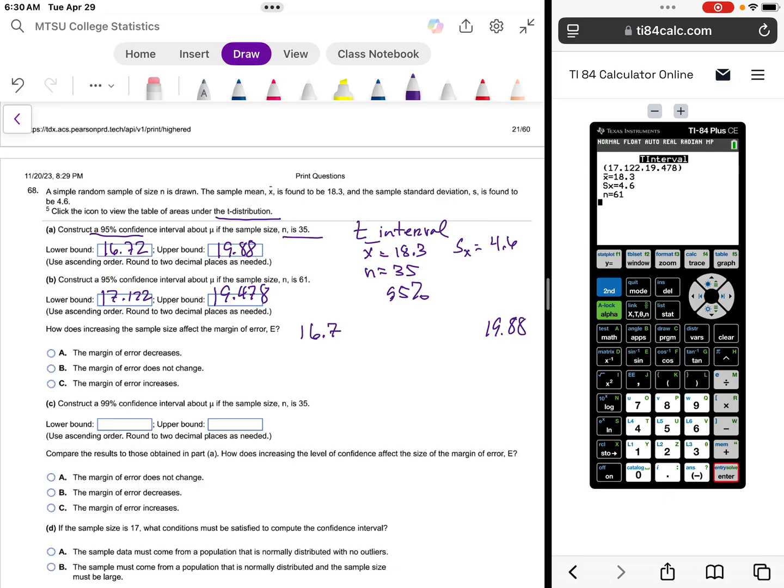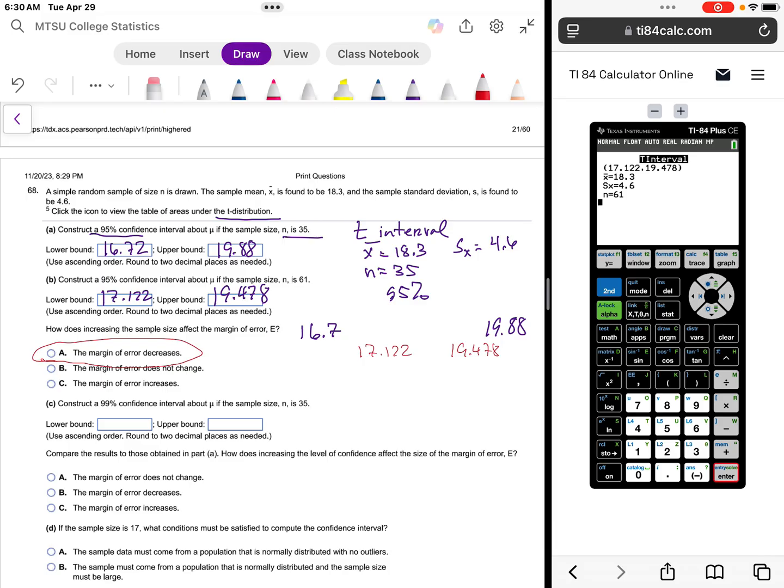And then now, after making the sample size bigger, we went to 17.122 and 19.478. So our confidence interval got smaller. So what did that do to the margin of error? Well, it decreased it. If our confidence interval got smaller, then the margin of error got smaller.